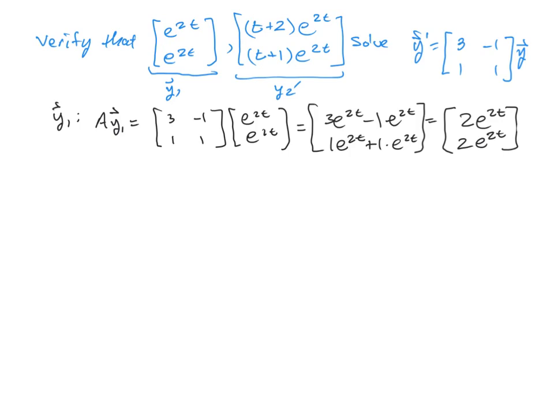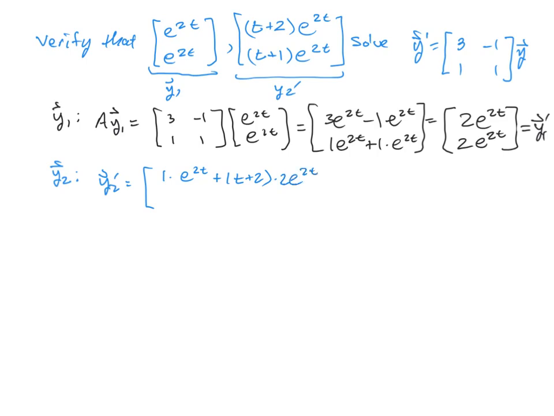We're going to do the same thing for y2. However, this time around, it's going to require us to use the product rule. So we're going to actually find the derivative first. So for y2, let's first find the derivative. y2 prime is going to be equal to, using the product rule, derivative of the first is 1 times e to the 2t plus the first, t plus 2, times the derivative of the second, which is 2 times e to the 2t.